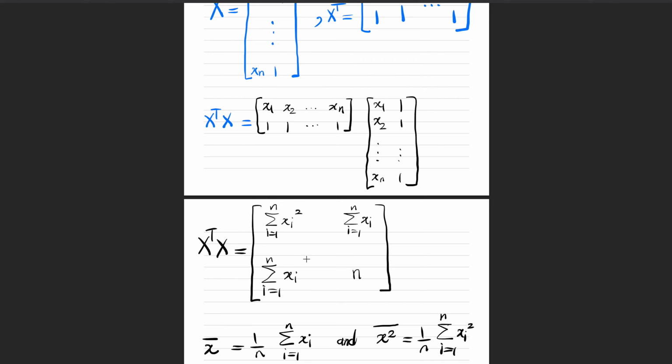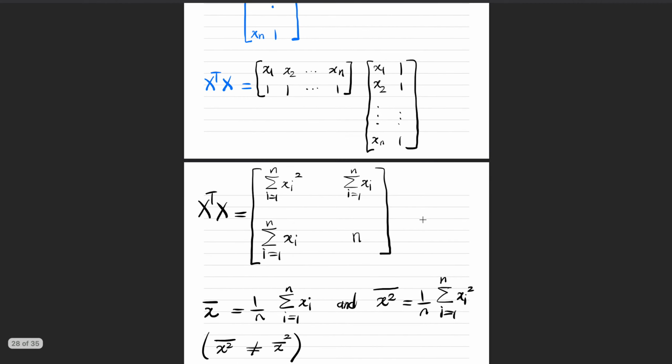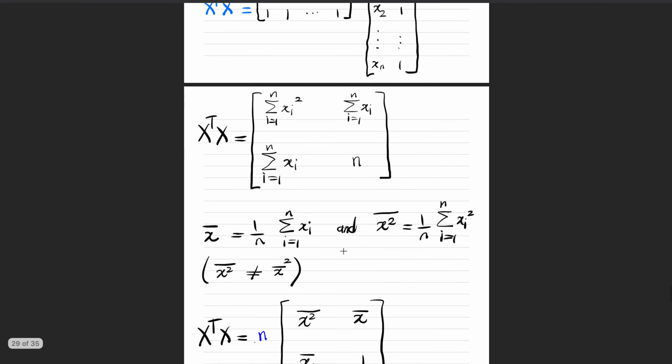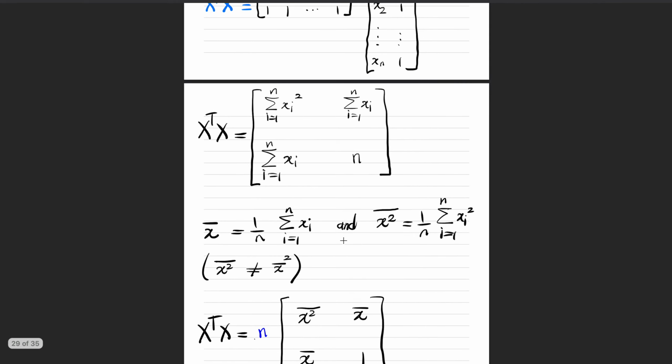So X transpose X for the simple linear regression model boils down to this 2 by 2 matrix. Now here's some notation. Sum of xi squared divided by n, we call it x squared bar. So sort of the sample mean of the squares of the values.